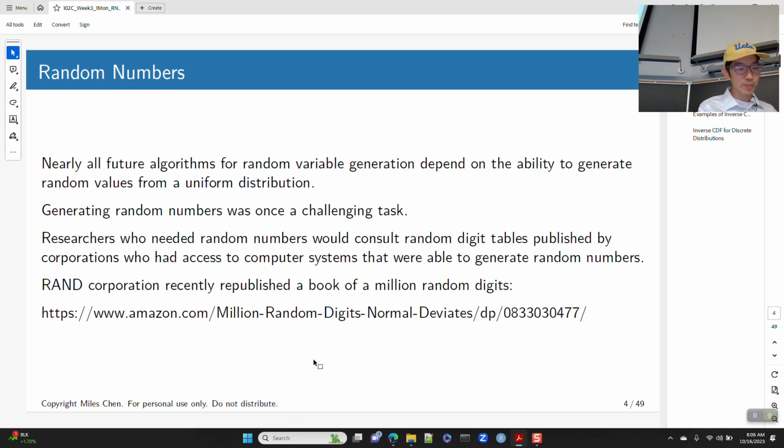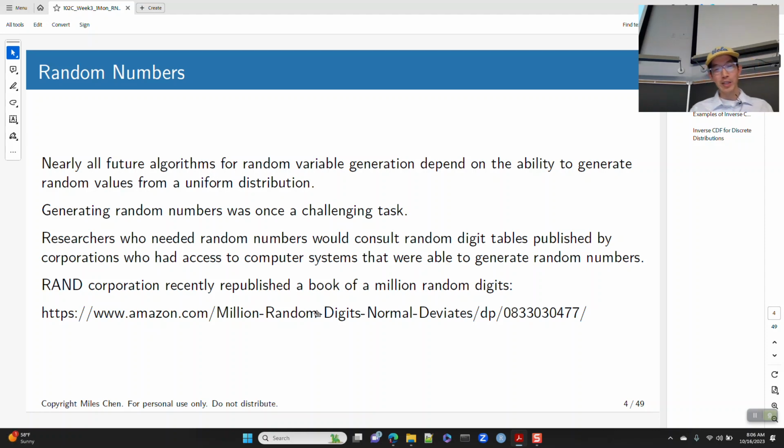In fact, in the early days of computing, if you didn't have access to a computer that generated random uniform values, you'd have to buy a book of random numbers. Did any of your introductory stats books have a table of random numbers in the appendix, next to the normal table? Some of your intro stats books might have that.